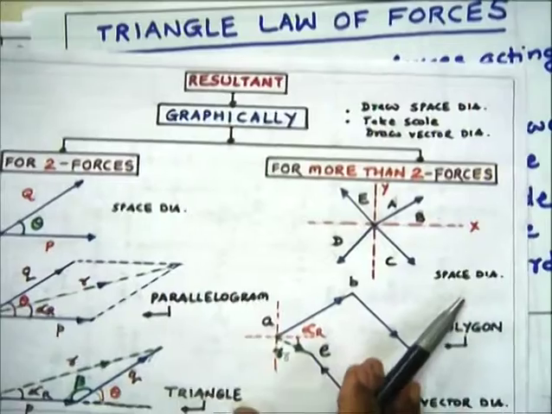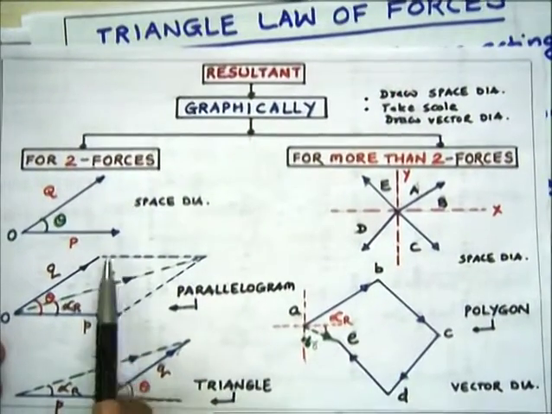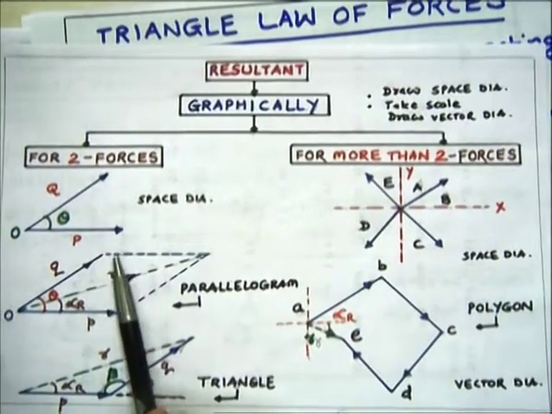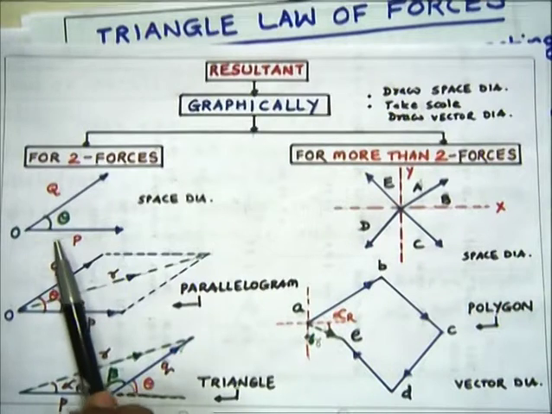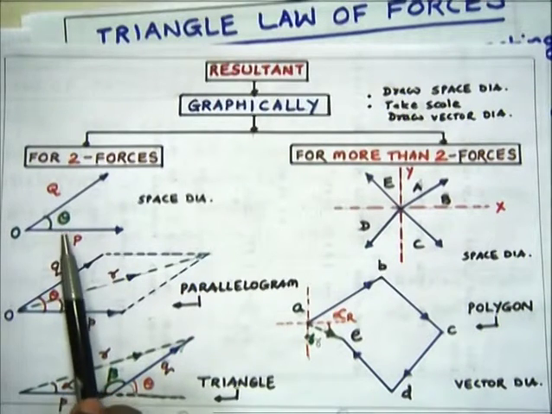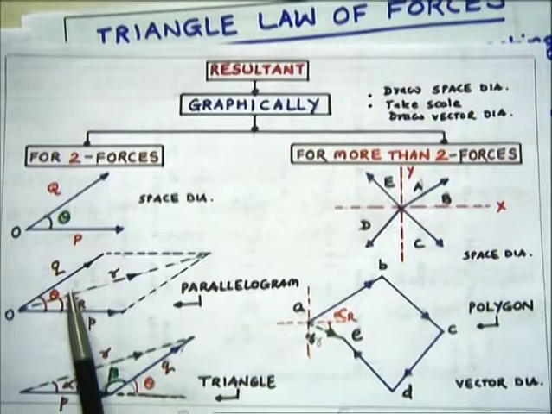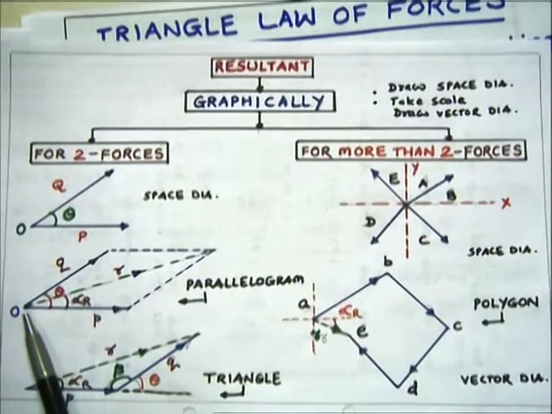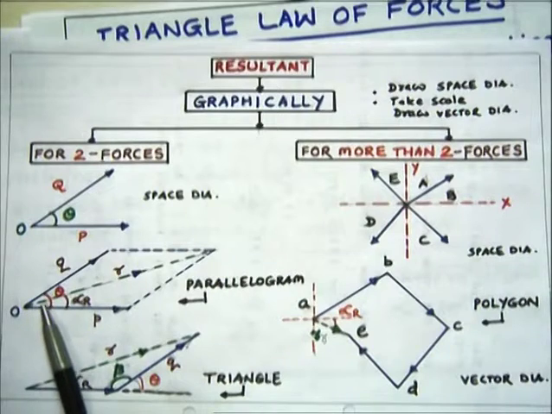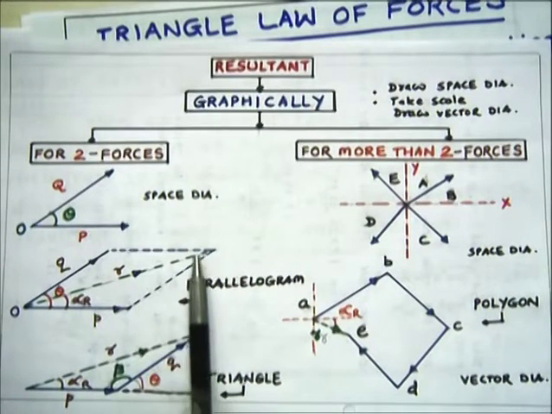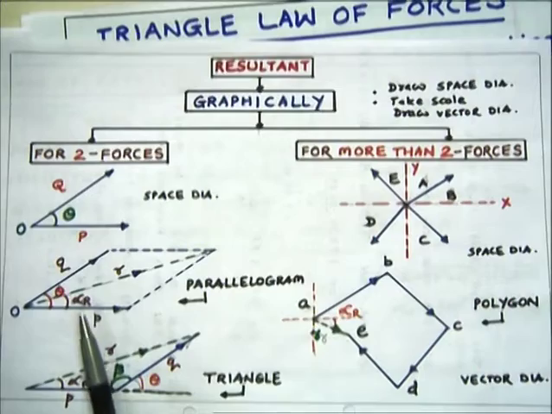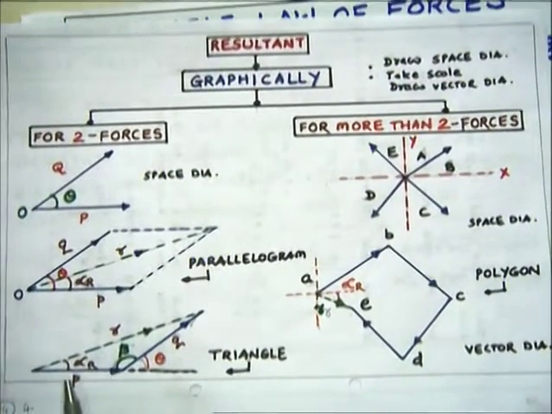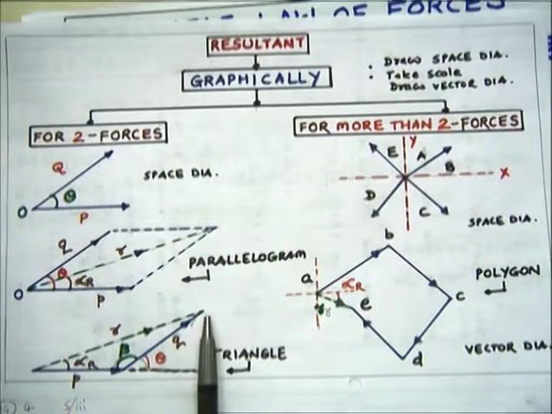This is how we find the resultant graphically by drawing a parallelogram. For drawing a parallelogram, we take two forces as the adjacent sides of the parallelogram, and then we draw the diagonal from the intersection point. That diagonal gives us the resultant force. In the triangle method, we take two forces in sequence as per their magnitude and direction.